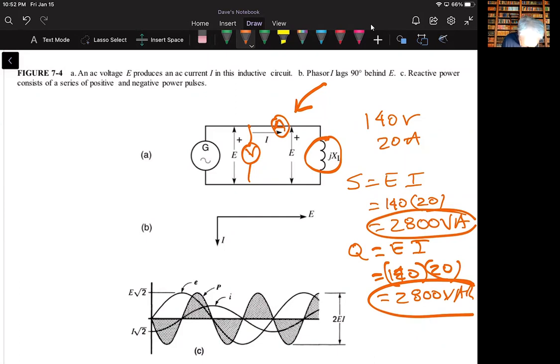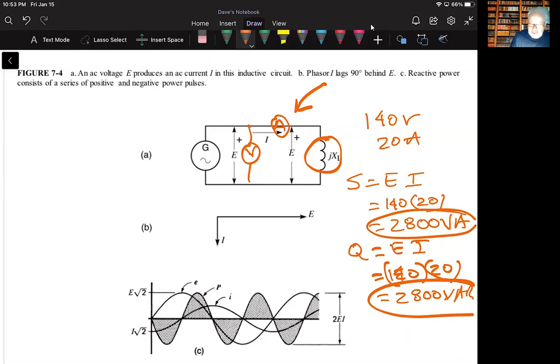Well, the active power is going to be 0 in this particular case because there's no resistive elements in there. So the total thing, apparent power is 2,800 volt amps, but because the current is 90 degrees out of phase with the voltage, it's also equal to 2,800 VAR.